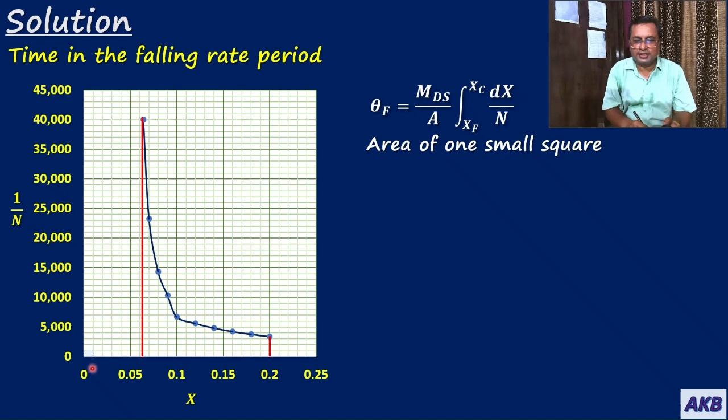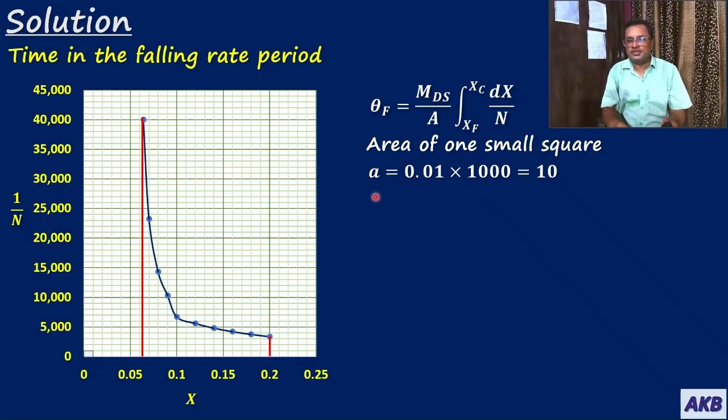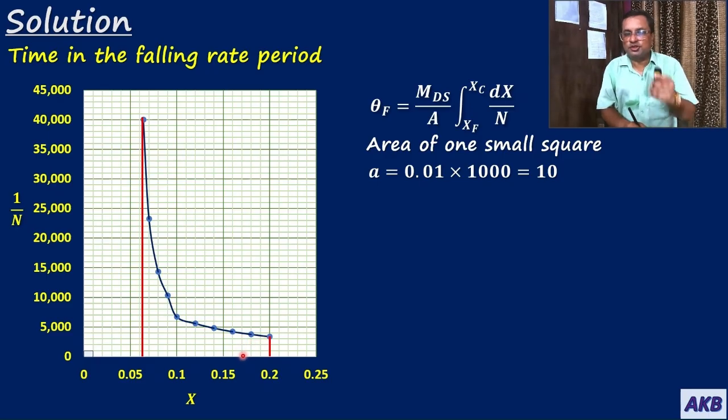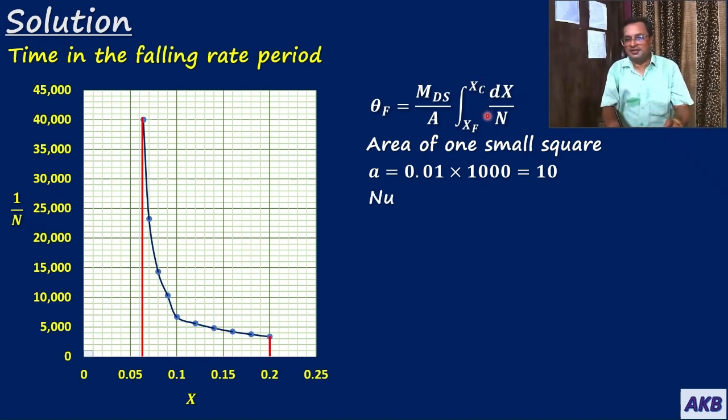The dimension along the x-axis is 0.01 for this square, and the dimension along the y-axis is 1000. Therefore, the area of one small square, small a, is equal to 0.01 into 1000, that is 10. Now you just have to count the number of such small squares within this region. The number of small squares into the area of one small square will give us the total area under the curve, which is nothing but the integral in this equation.